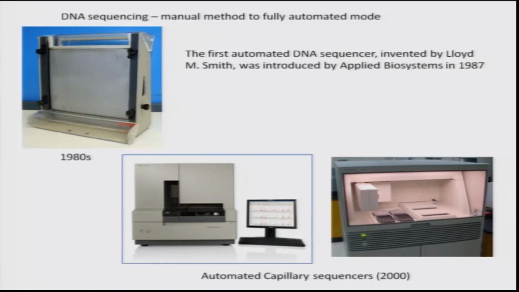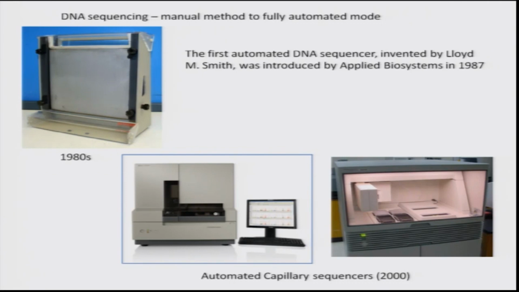These are the manual gels, we have to run them, and then at the end of the day you have to expose the gel to X-ray film, and then you will have bands, then you read the sequence. In a day probably 100, 150 bases you can do, and this changed with the advent of what are called automated sequencers in early 2000.